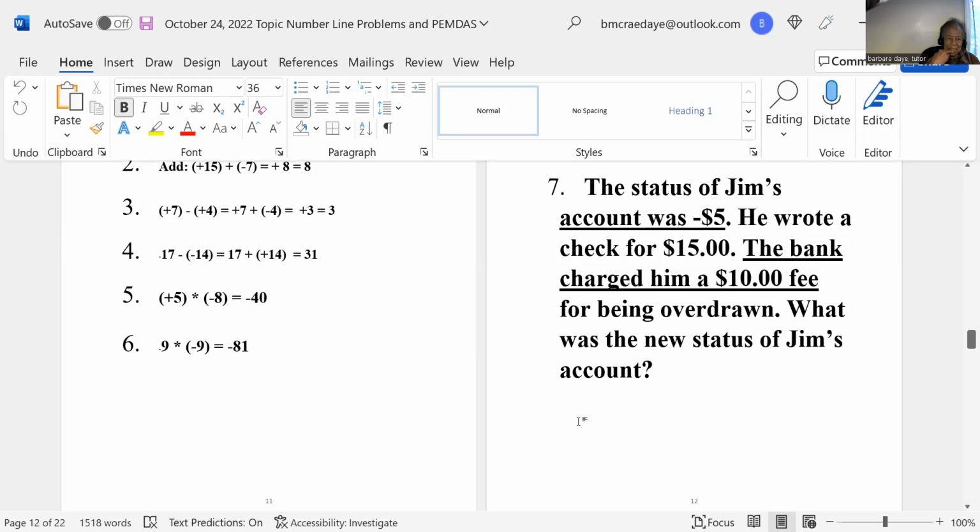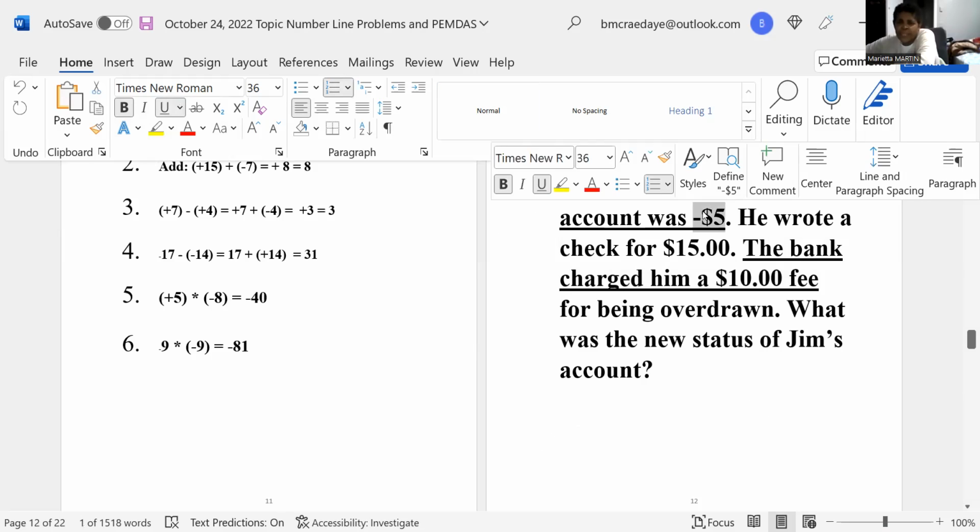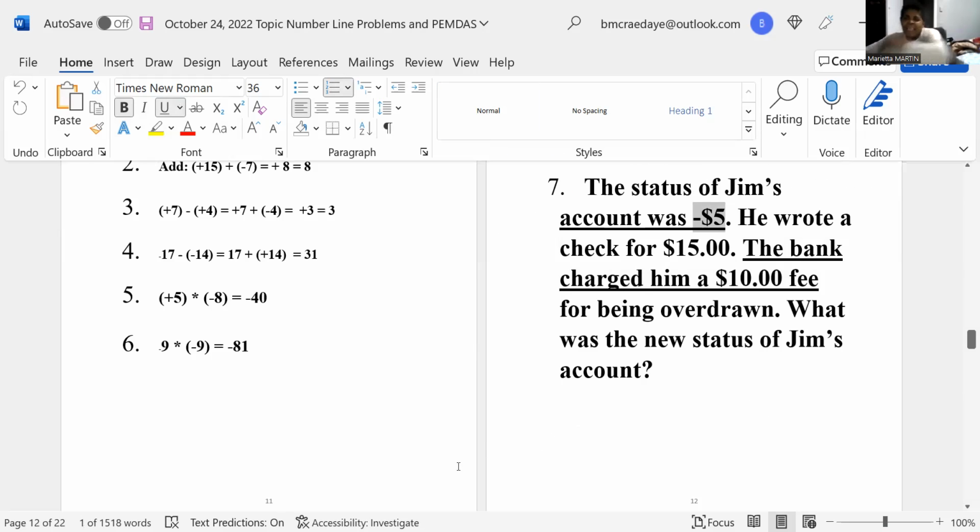How could it be? Yeah, negative 5. And he wrote a check for $15. Let me see. Negative 5.